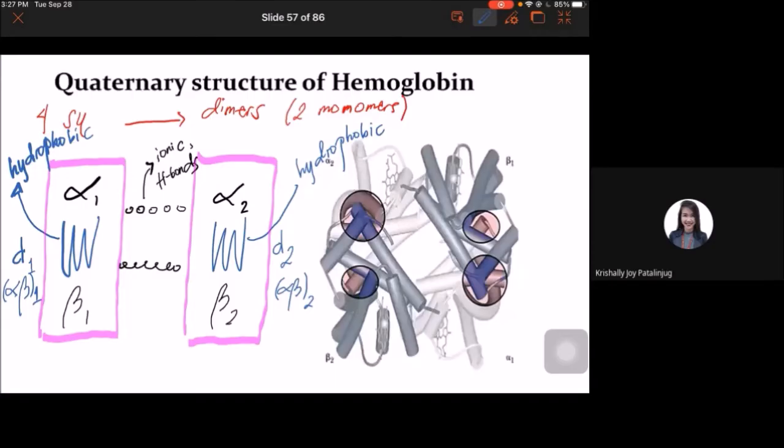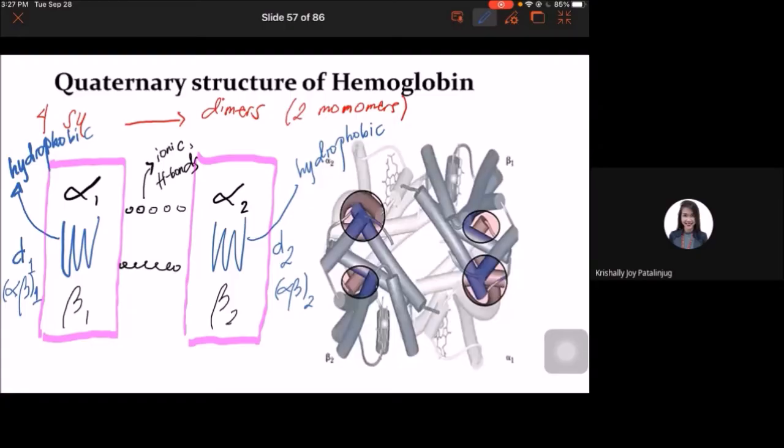Very good, it's non-polar. Please take note: within the dimers, hydrophobic force of attraction is highly observed. Then between the two dimers, ionic or hydrogen bonds are observed.